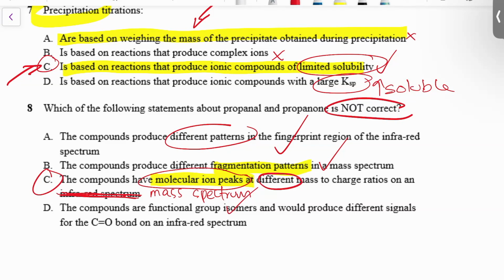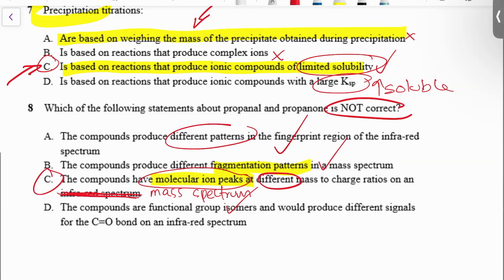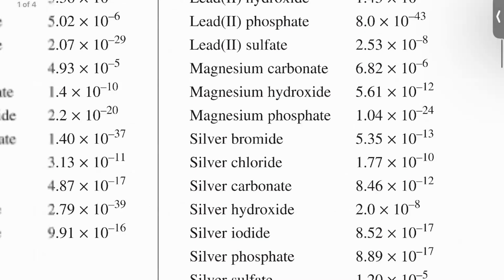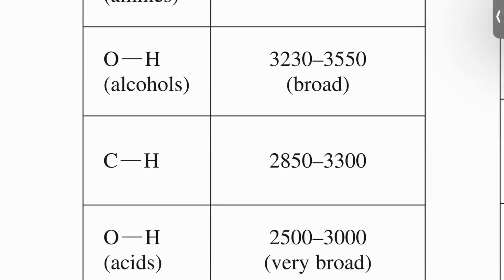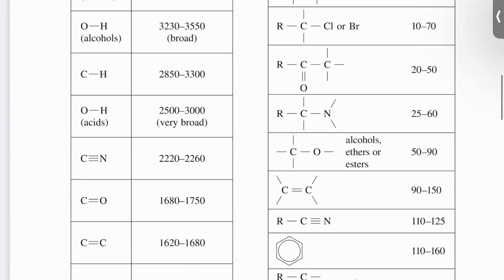But then the second part, produce different signals for the CO bond. Does your HSC data sheet distinguish between a CO for an aldehyde and a CO for a ketone? No, it actually doesn't. So if you go to your data sheet, it just says CO. Now it does distinguish OH for alcohol and acid, but it doesn't do that for COO.